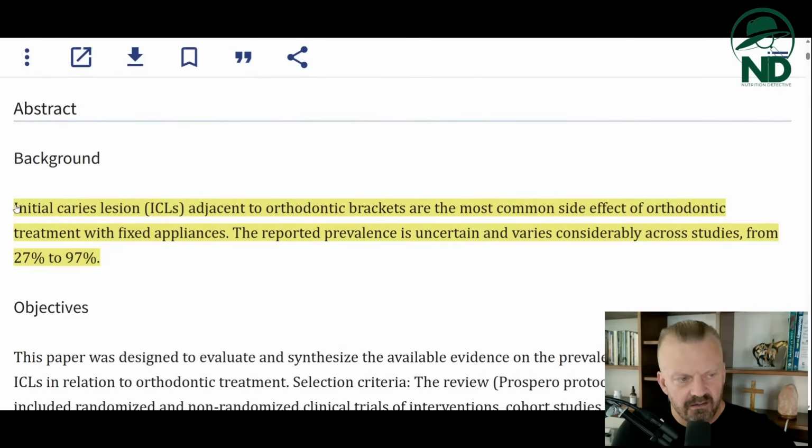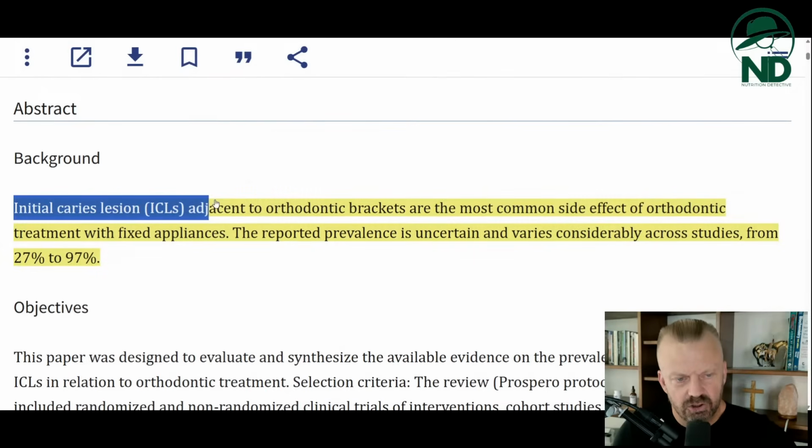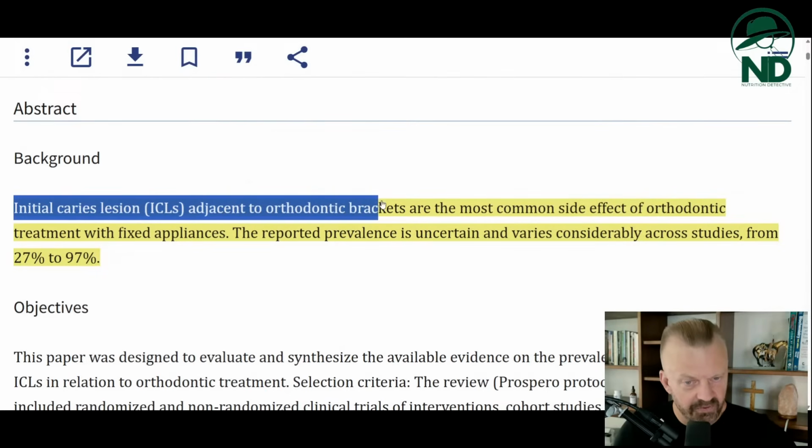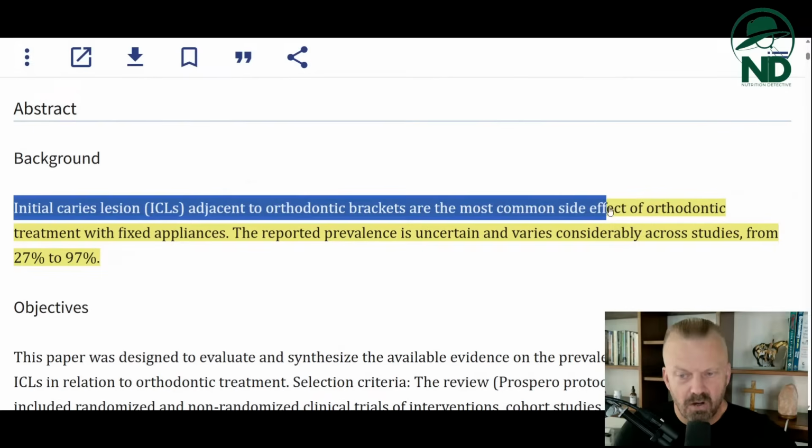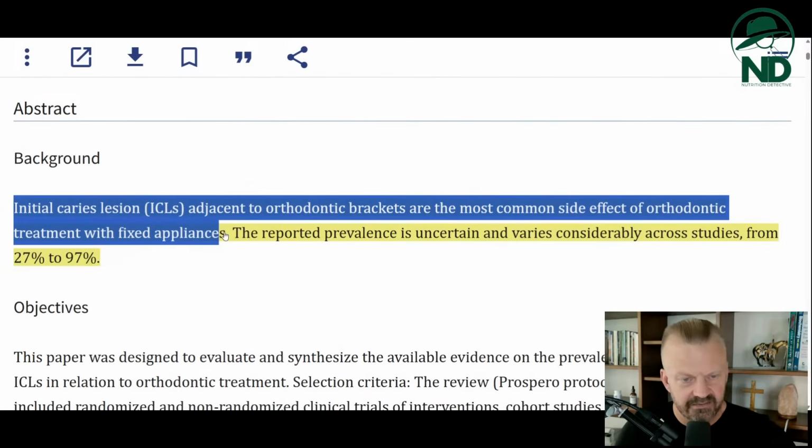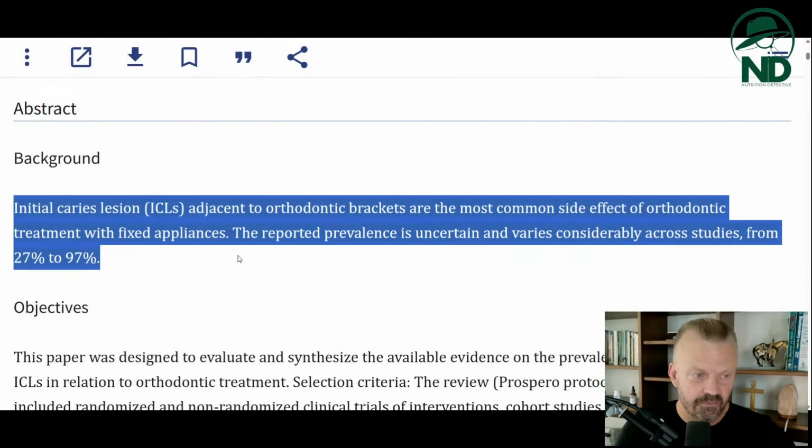Look at where they're located. Initial caries lesions, as in new cavities, adjacent, right next to orthodontic brackets, are the most common side effect of orthodontic treatment with fixed appliances. The reported prevalence is uncertain and varies considerably across studies from 27% to 97%.